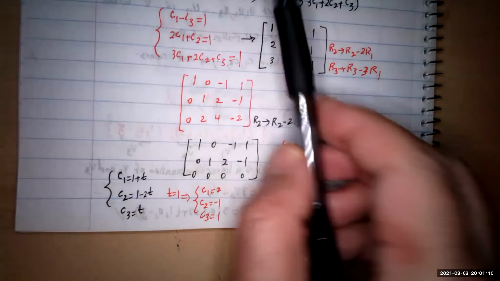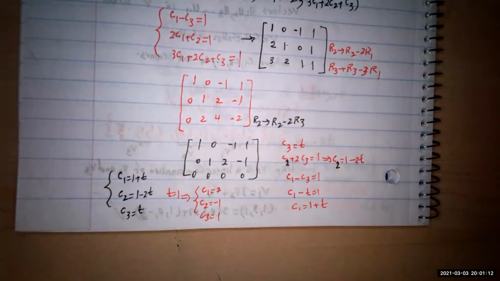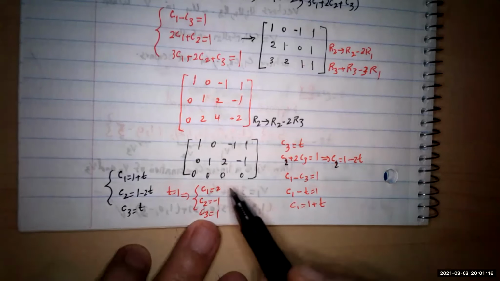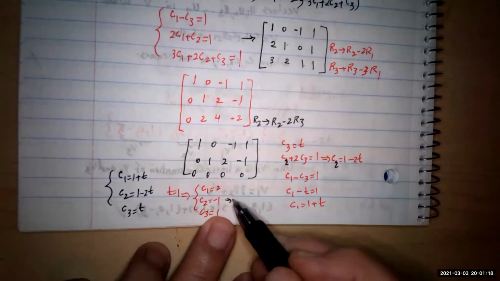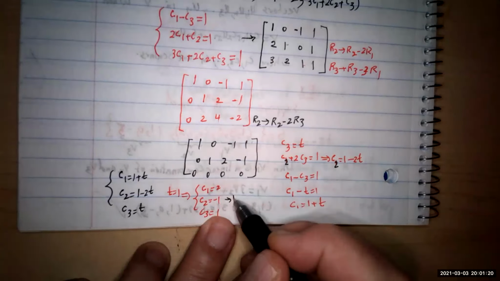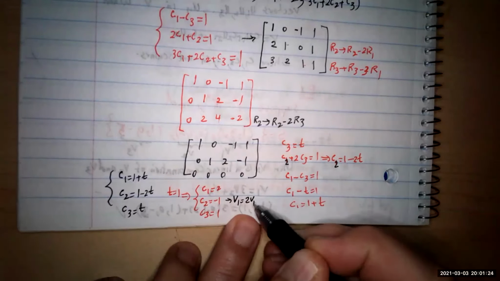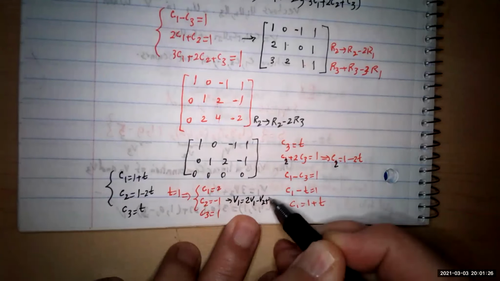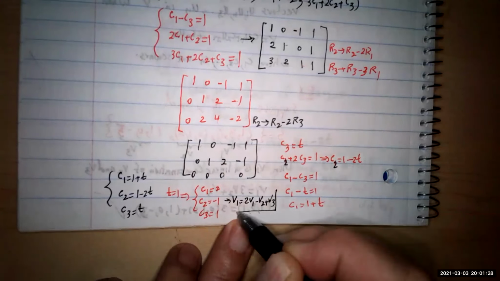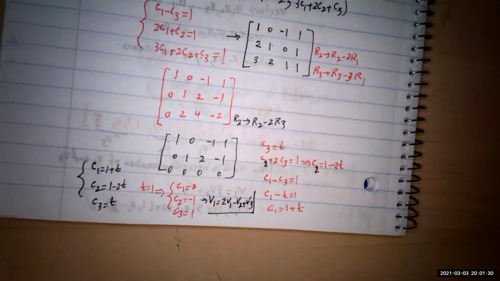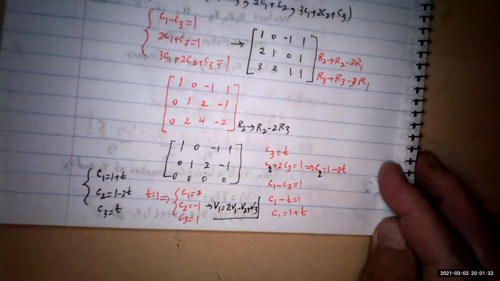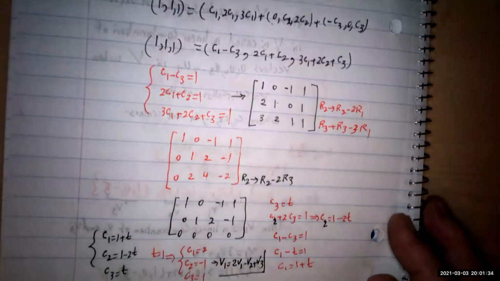So your vector is going to be a linear combination of these three vectors, okay? If you call the original vector V, this is going to be 2V1 minus V2 plus V3. This is a linear combination of those three vectors that are given to you.